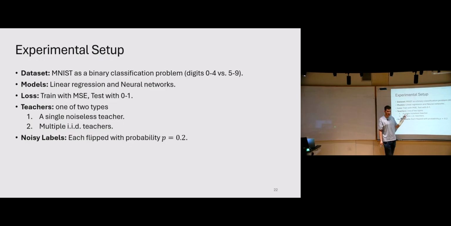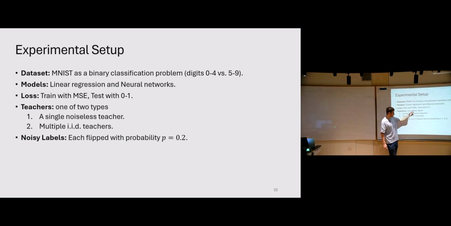We consider two types of teachers. The first one is a single noiseless one, and the second one is multiple i.i.d. teachers. Just a note about this. In the linear case, we take a subset over all MNIST data, and then we get the fitted linear teacher. In the i.i.d. teacher case, you take each one of the entries and put some Gaussian perturbation there.